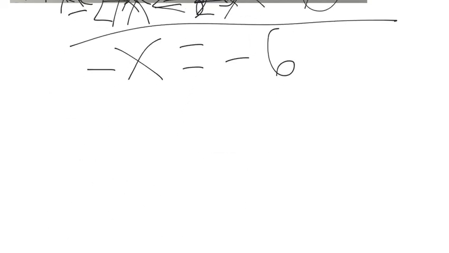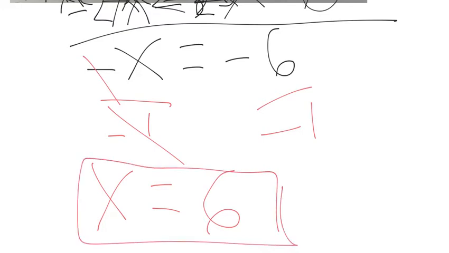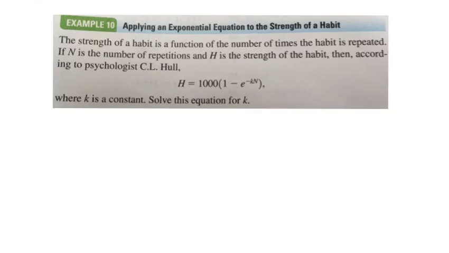Now if you want to solve for x from here, you can divide by negative 1 to get rid of the negative sign, so x is equal to positive 6. Or if you knew that negative x equals negative 6, then that should intuitively tell you that positive x would be positive 6. So now we're going to move on to a couple of word problems.